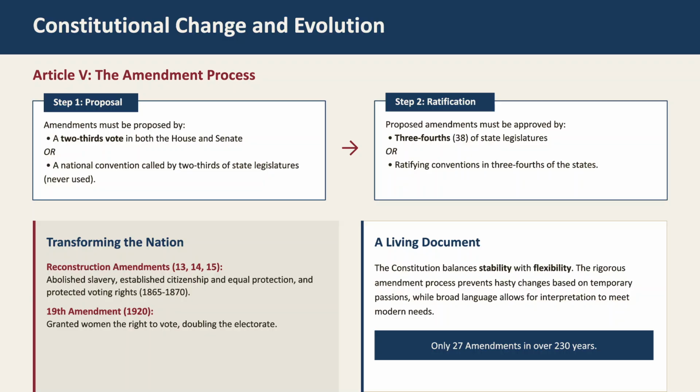And they made this process deliberately difficult, and it requires a 2/3 vote in Congress to propose an amendment and to ratify by 3/4 of the states. That's quite a high hurdle to reach. And what it did is ensure that the changes are made only when there is broad national consensus.